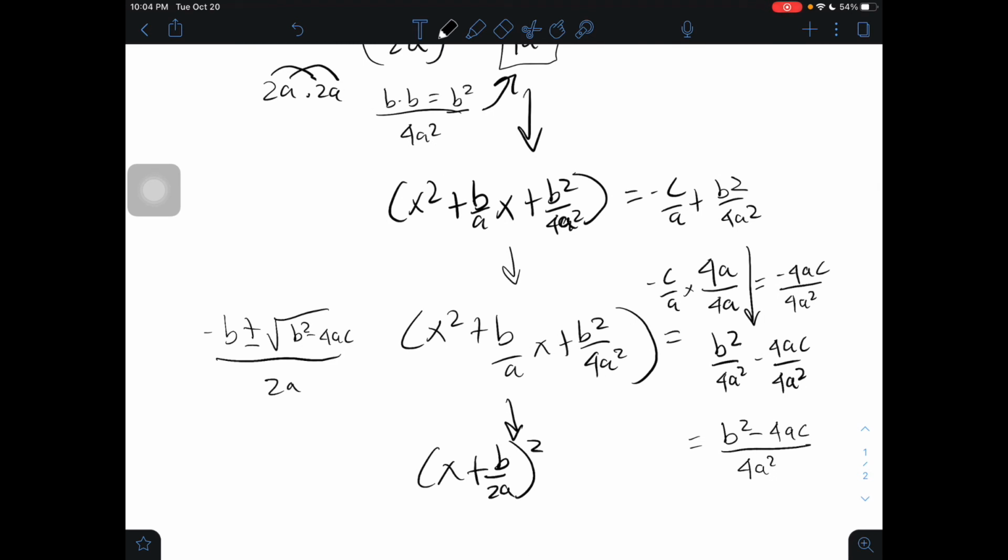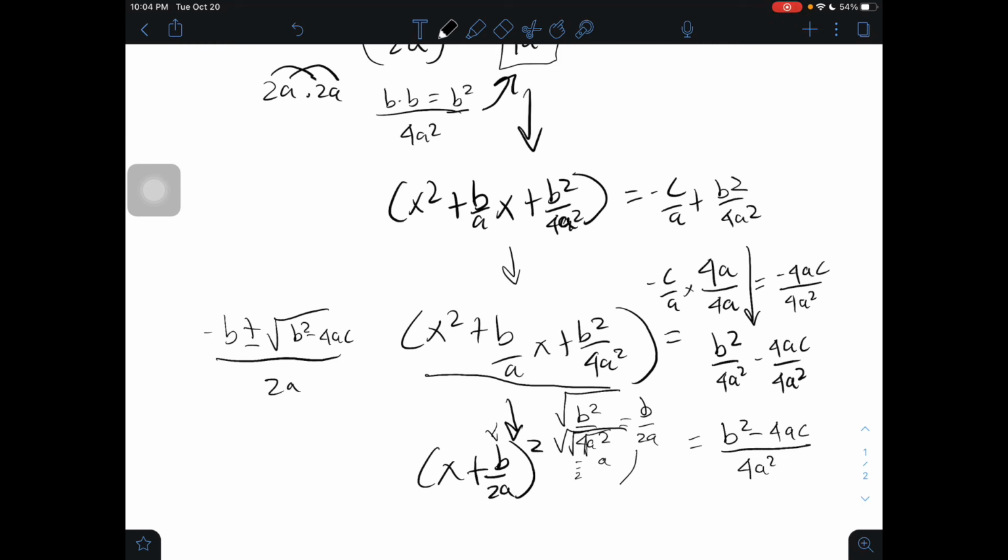We did this because this is now a perfect square trinomial. To get b over 2a, we took b squared over 4a squared and took the square root of our numerator and our denominator. The square root of b squared is just b. The square root of 4a squared is just 2a, because you can individually take the square root of 4, which is 2, and the square root of a squared, which is just a.